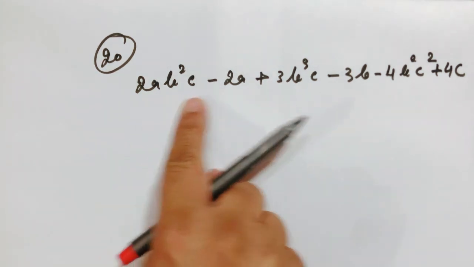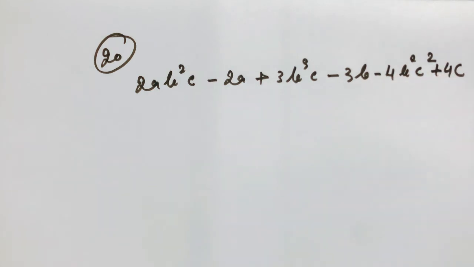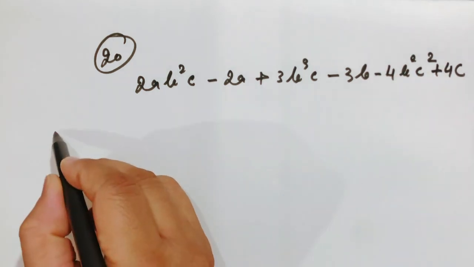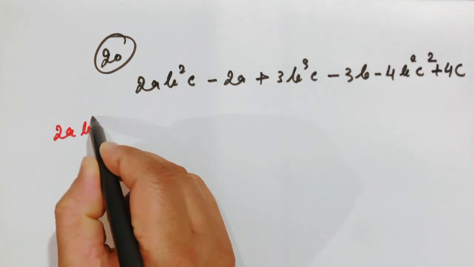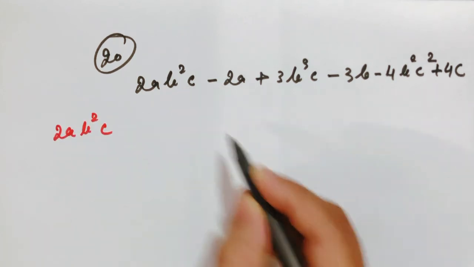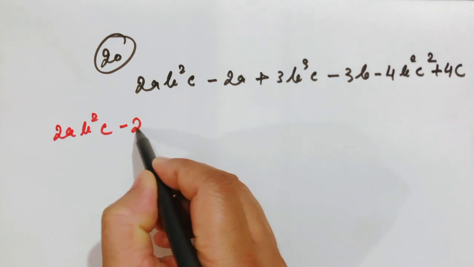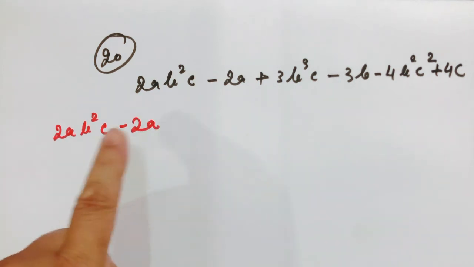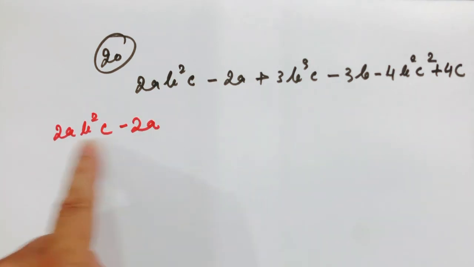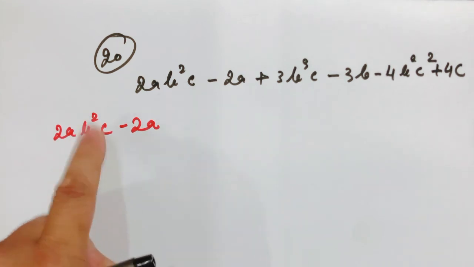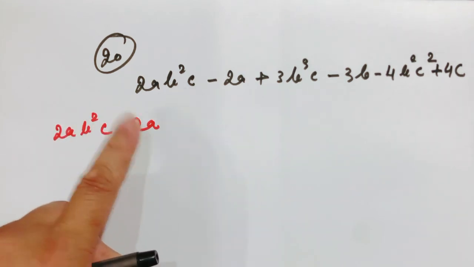यहाँ पे 1 2 3 4 5 6 बहुत अच्छी बात है. And here I find that when 2ab square c and minus 2a, if I take 2 as common, I will get b square c minus 1.